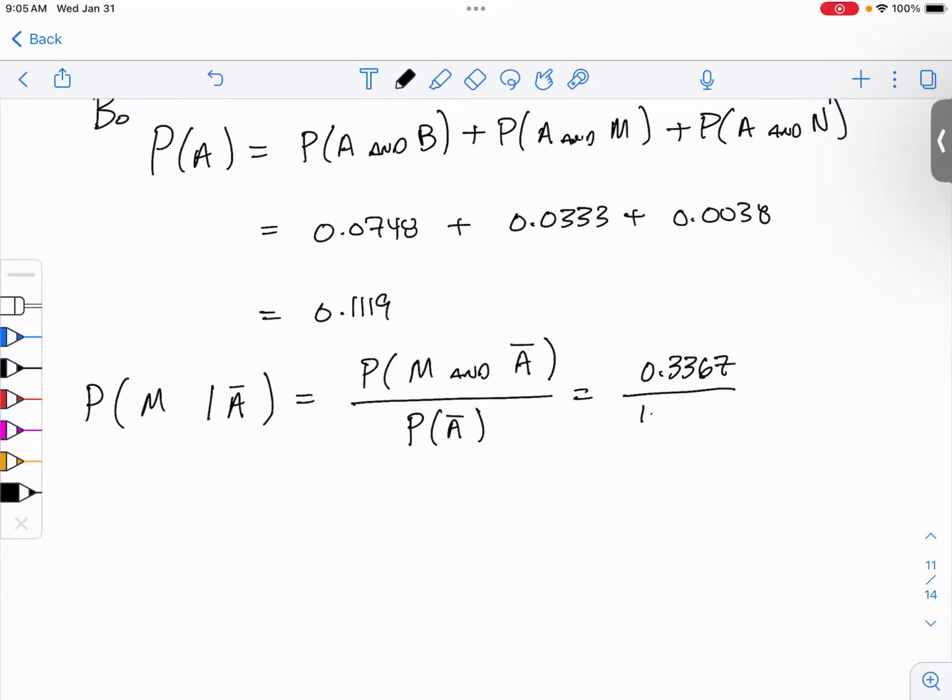So not A is 1 minus that number. Which gives us, all right, our completed solution.